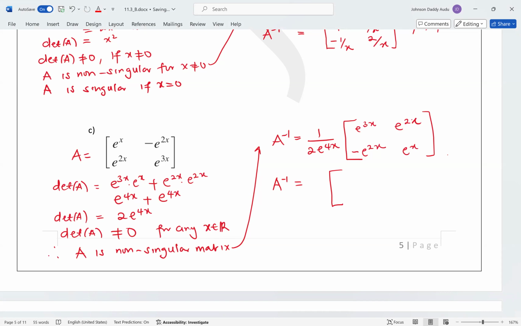This will just be e to the power 3x for e^x, and this will be e^x, over 2 e to the power 4x, which we can easily simplify. And here also will be minus 2e^x to the power 2e^x, to minus here.